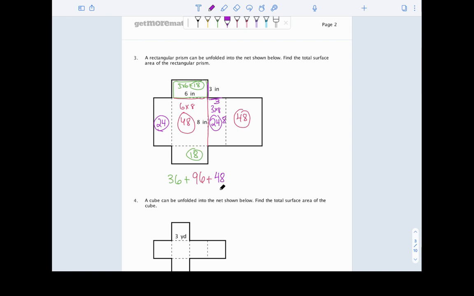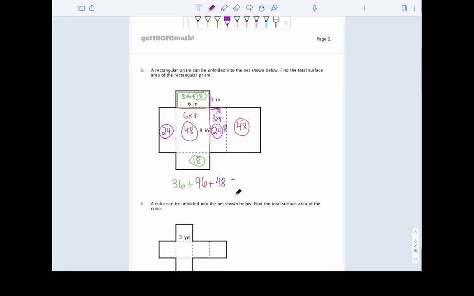I am going to then add these up. So 48 plus 96 plus 36 equals 180. Just checking my math, 180 inches squared.